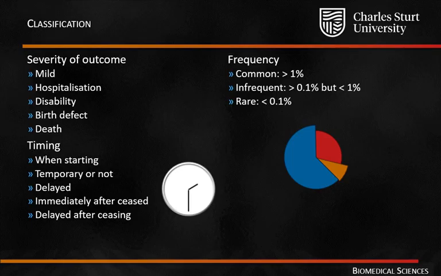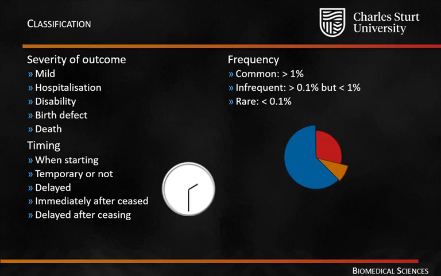It could also occur that the adverse drug reaction occurs when they stop the medication. So immediately upon ceasing, then they start to experience a side effect for the next 1 or 2 weeks, or maybe longer. Or it could be a delayed adverse drug reaction. So it could be that they've stopped and then a month later or a year later then they experience the adverse drug reaction.